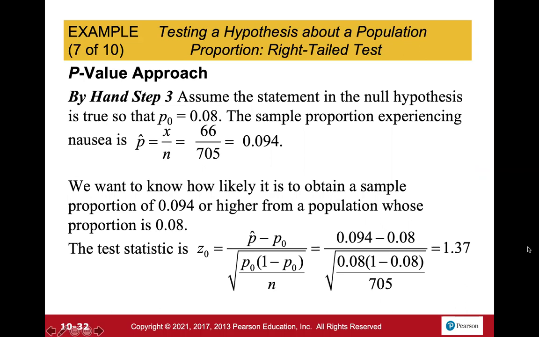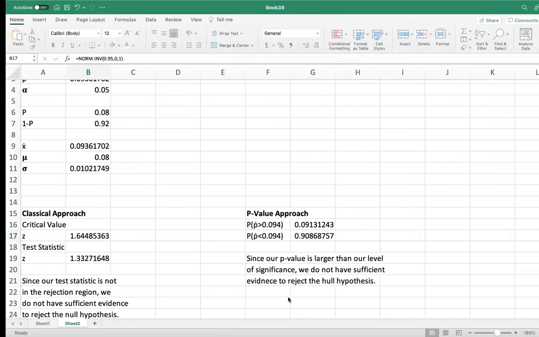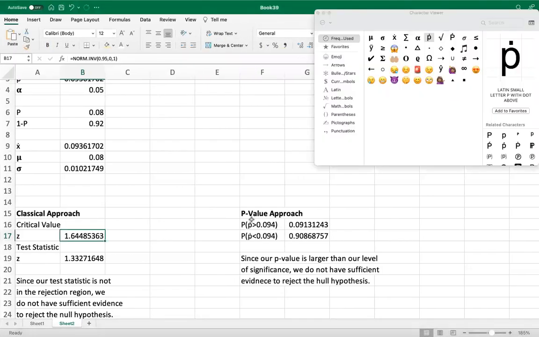Our test statistic, which we found earlier, was 1.37, but for the p-value approach we actually don't need it, the way that we have to enter it into Excel. In the p-value approach, we're looking at the probability that p hat is greater than. We couldn't find that one immediately, so we had to find this one first, the probability of p hat being less than 0.094, and we just looked at the complement here.